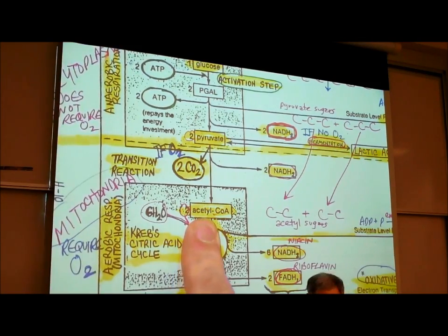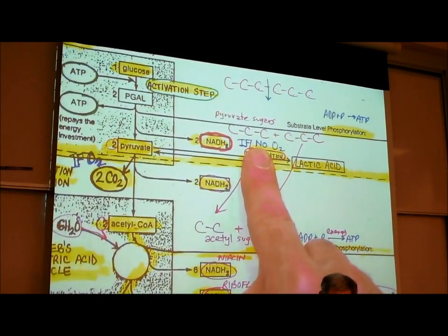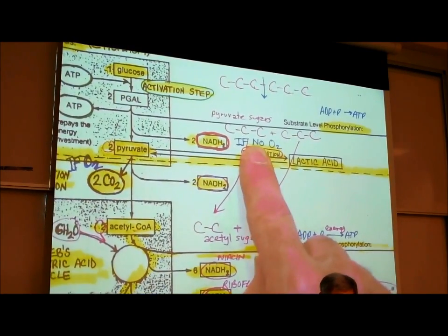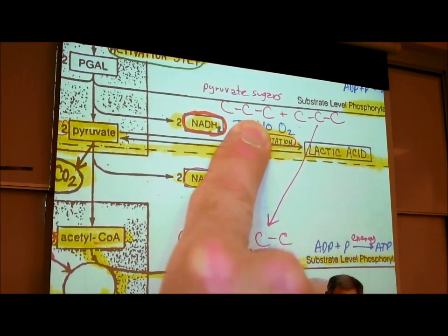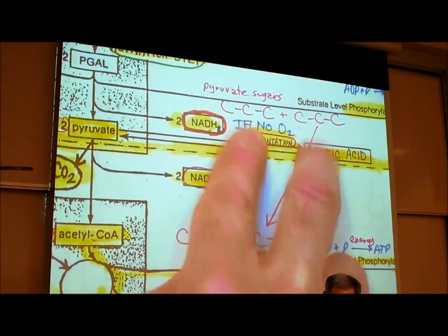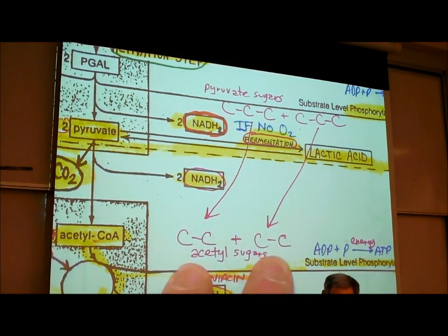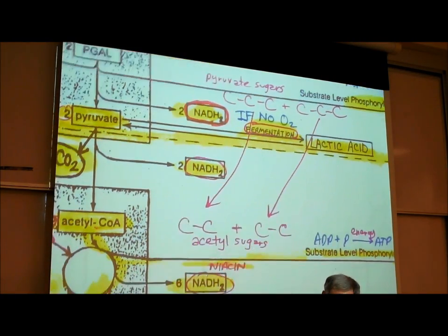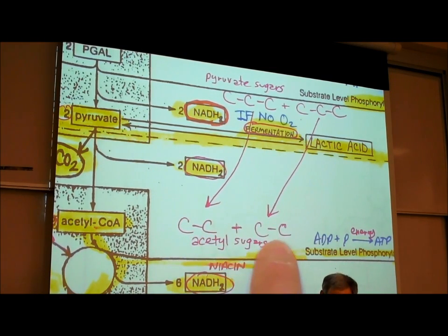And a lot of us are thinking, what do you mean? So here's what I drew to try to represent this. Here's the 3-carbon pyruvate sugar. We have 2 of them. I drew arrows, and they have been now turned into acetyl sugars. Each acetyl sugar is 2 carbon atoms big.